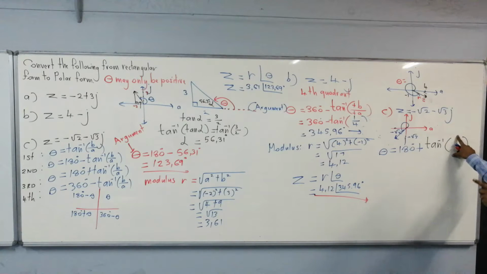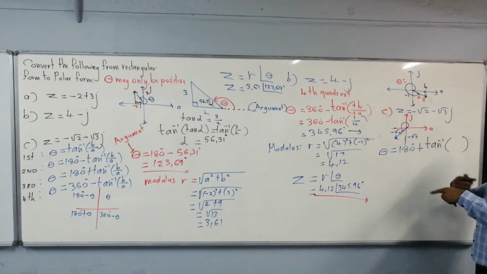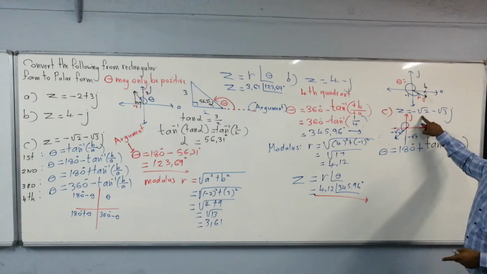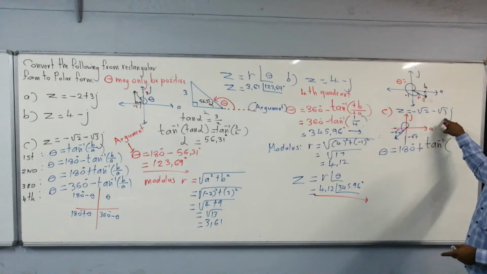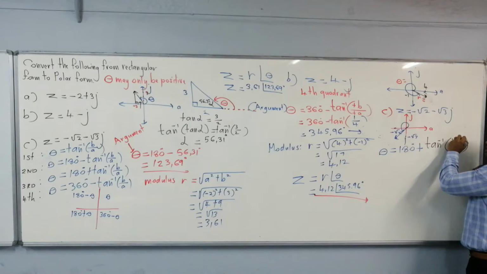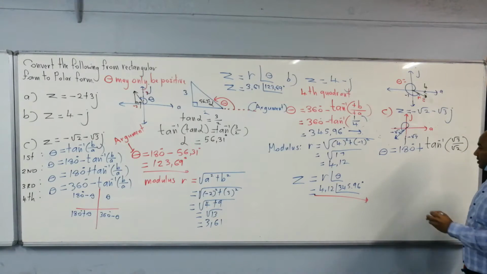I showed you an example. There's no need to put any negative there, but be careful, don't substitute the other way around. It's always b over a, not a over b. The coefficient of j will always be the numerator, and the real part will always be the denominator. You do not need to put in the negatives.